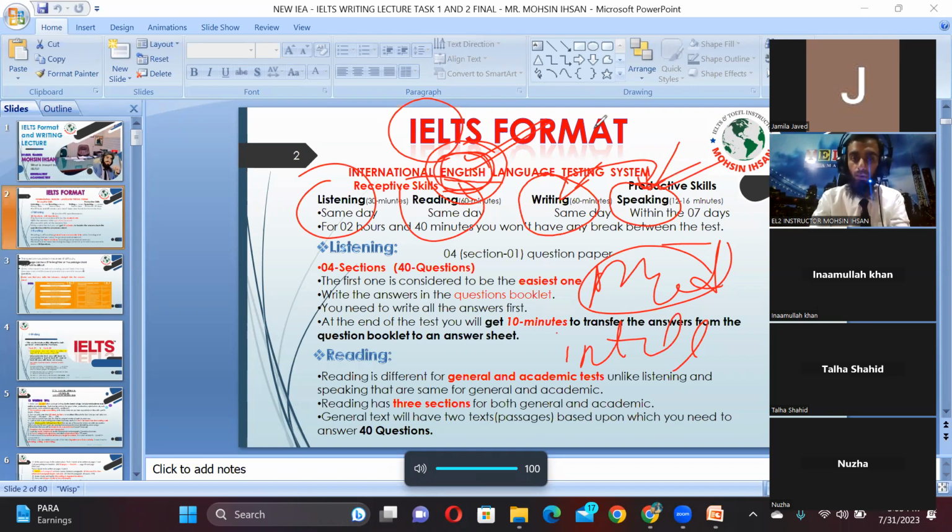Input is good. Input means listening and reading, getting something from listening and from reading, while output means how you are giving your idea, how you are conveying your message. That means speaking and writing.